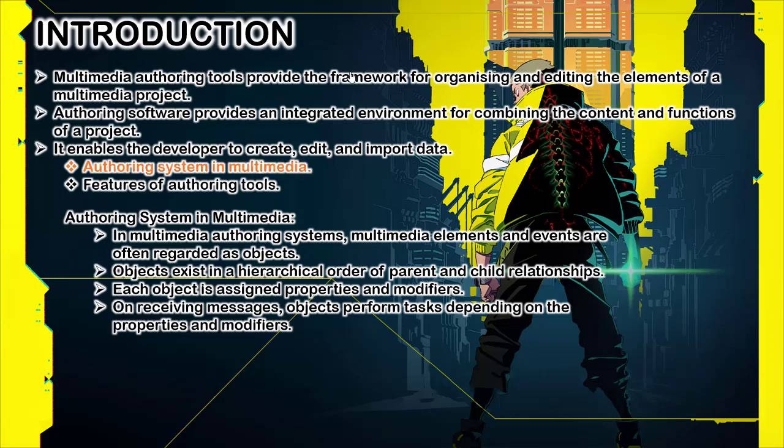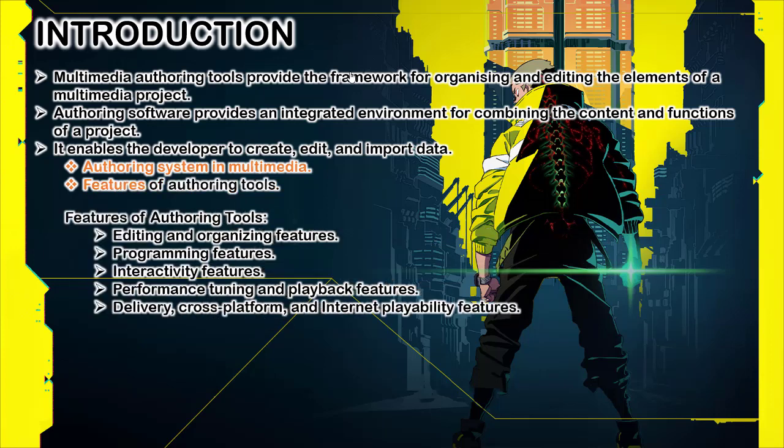Object-based authoring programs typically provide objects pre-programmed with sensible properties, messages, and functions. For example, a video object will likely have a duration property, such as how long the video plays, and a source property, meaning the location of the video file. And it will likely accept commands from the system such as play and stop.